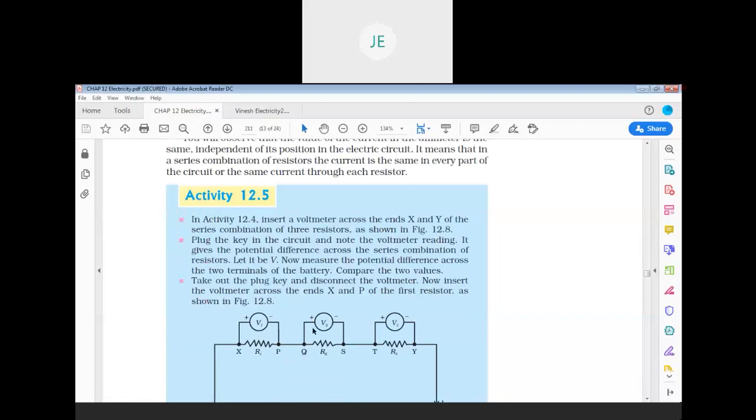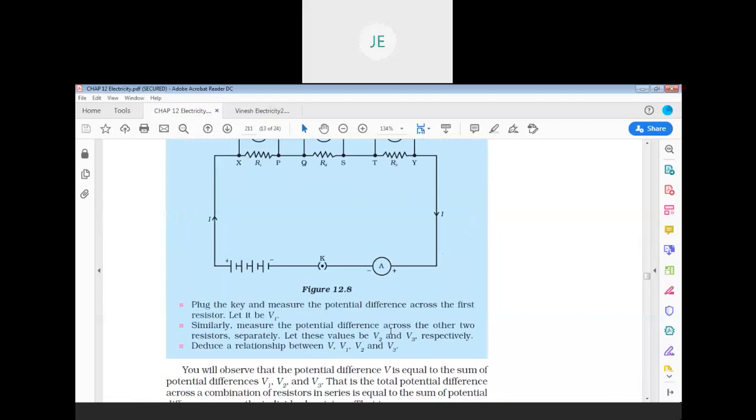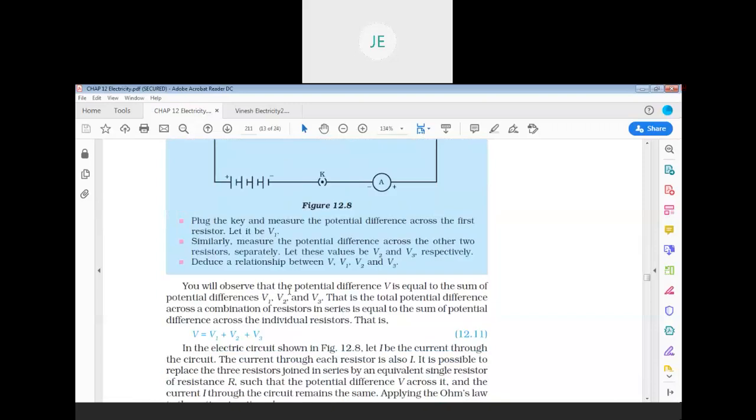You will observe that the potential difference V is equal to the sum of the potential differences V1, V2, V3. That is, the total potential difference across the combination of resistors in series is equal to the sum of the potential differences across the individual resistors. That is, V is equal to V1 plus V2 plus V3.